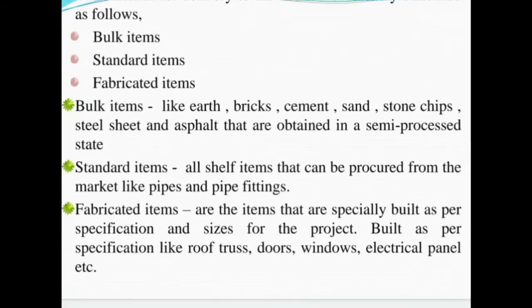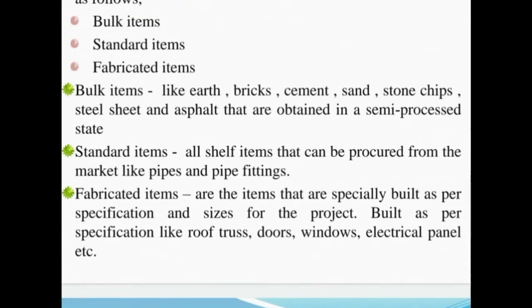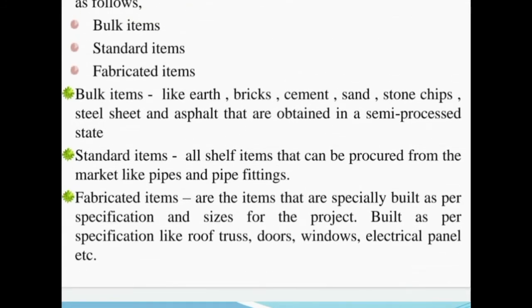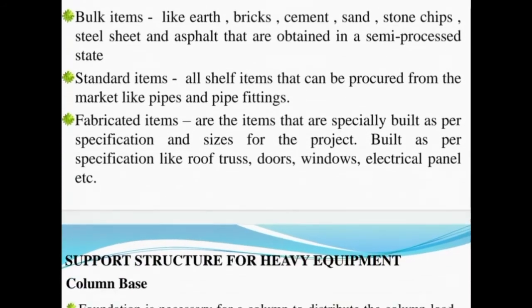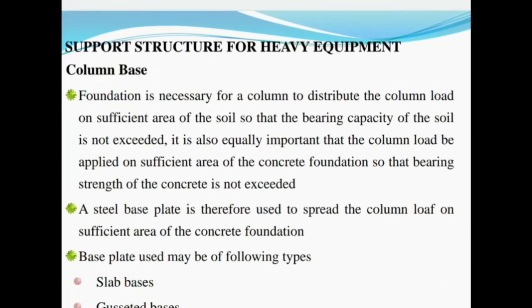Standard items are all the off-the-shelf items that can be procured from a market, like pipes and pipe fittings. Fabricated items are items that are specifically built as per the specifications, for example roof truss, doors, windows, electrical panels, etc.